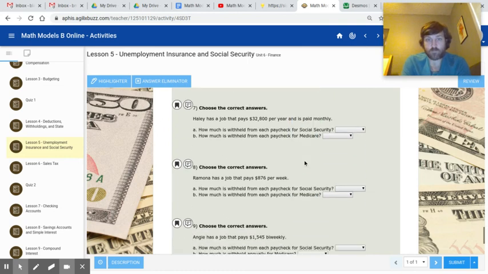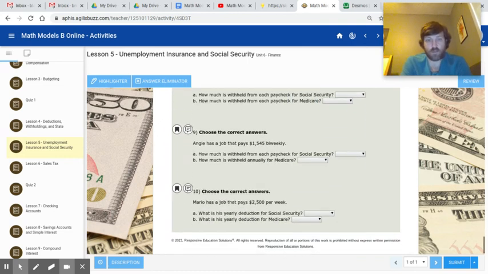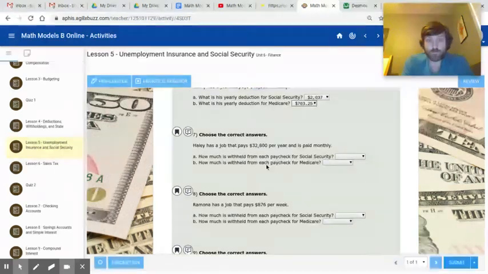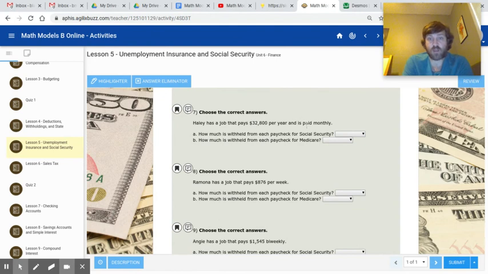There it is. So all of this is going to be the same. You need to find the annual salary if it says annual; otherwise, like this one says, each paycheck, you need to find out how much each paycheck is. So if they make $32,800 per year and it's monthly, then you find out how much each month is and then calculate the amount for that.